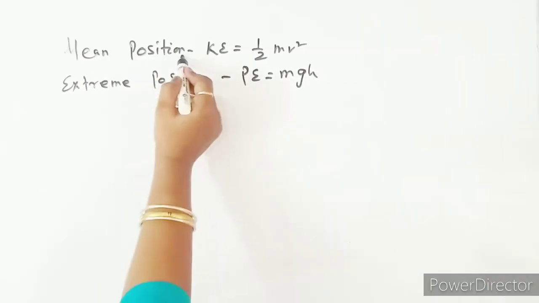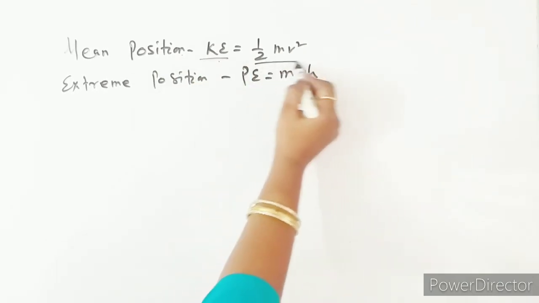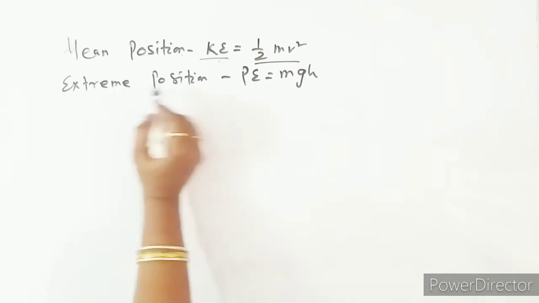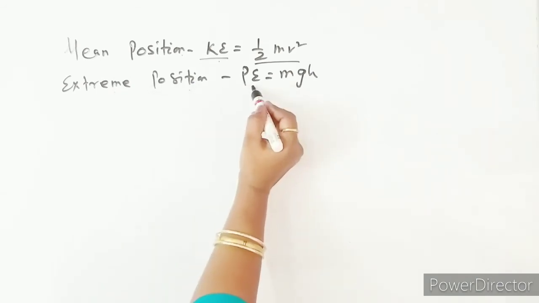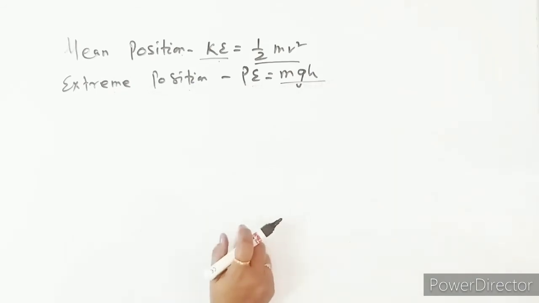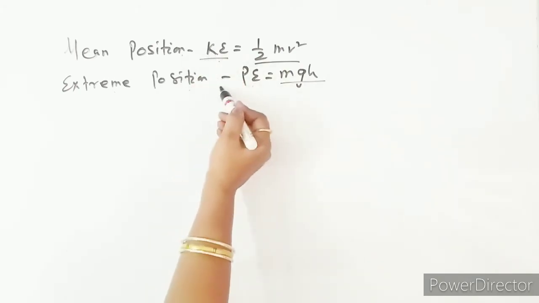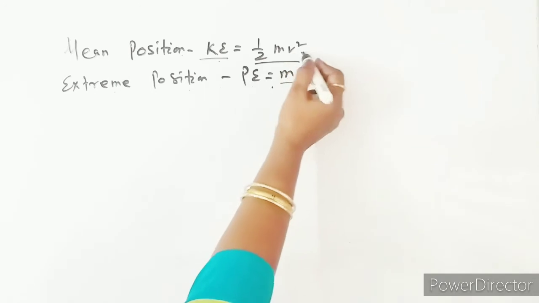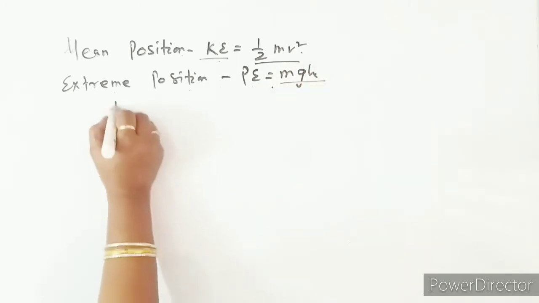When the bulb is at the mean position, it has kinetic energy equal to half mv square according to the formula. At the extreme position, it has potential energy equal to mgh. So this kinetic energy is converted to potential energy, and we can equate the two.